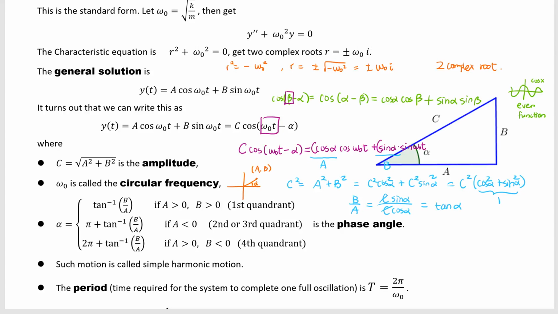Okay, but if the point is in the second or the third quadrant, well then your alpha will be in the second quadrant, which means it lies between pi over 2 to pi. In the third quadrant means it lies between pi to 3 pi over 2.